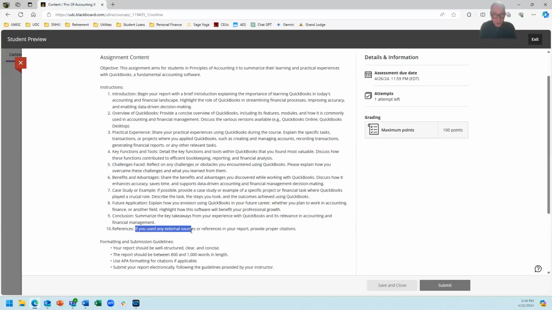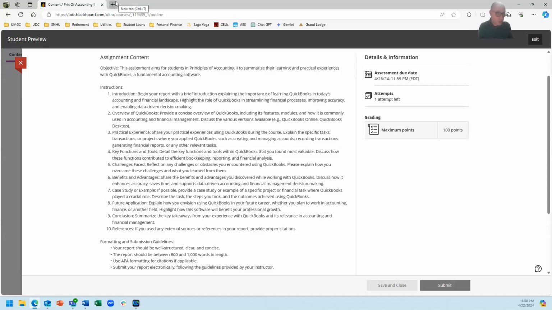Now, you'll notice that it says if you use any external resources or references in your report, provide proper citation. The idea here is that you learned this information from somewhere. I know that you did because not everyone came to this course knowing QuickBooks already. So, having said that, you're going to want to have some references.